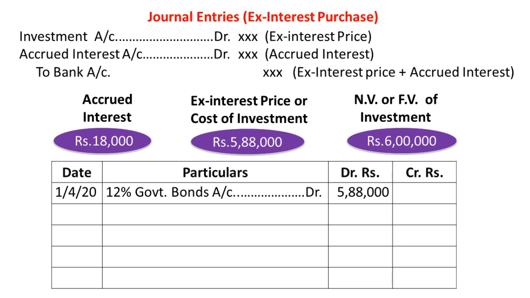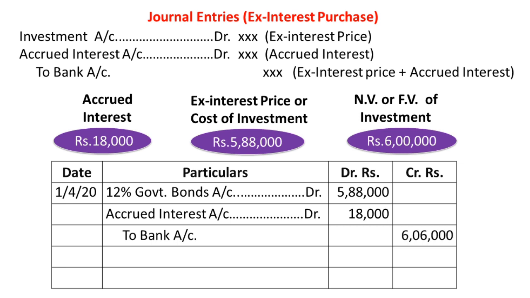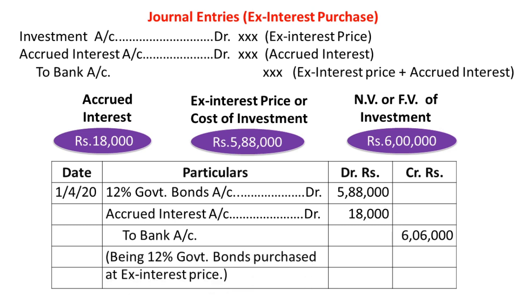Interest is receivable, therefore accrued interest account debit with amount of interest, which is 18,000, and cash bank goes out, therefore cash bank account credited, so to bank account with the total amount of rupees 6,06,000, which includes cost as well as amount of accrued interest. Narration will be being 12% government bonds purchased at ex interest price.